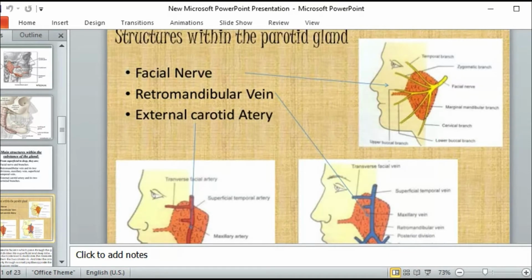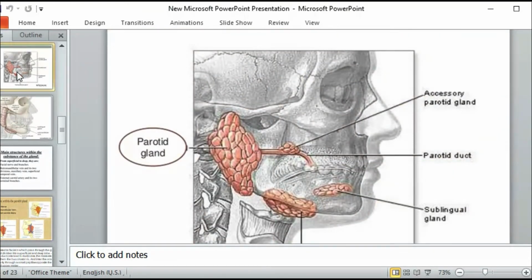Okay, so another thing that we talk about the parotid gland, you can see at these pictures, the parotid gland enclosed within the capsule. So the parotid gland have a capsule which is derived by investing layer of the deep cervical fascia.